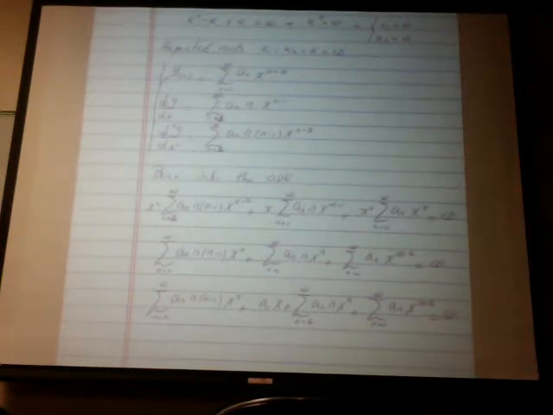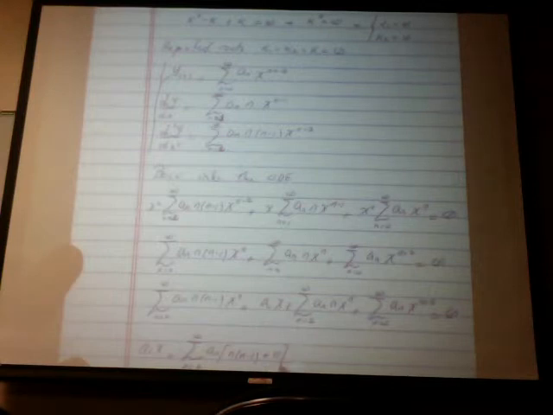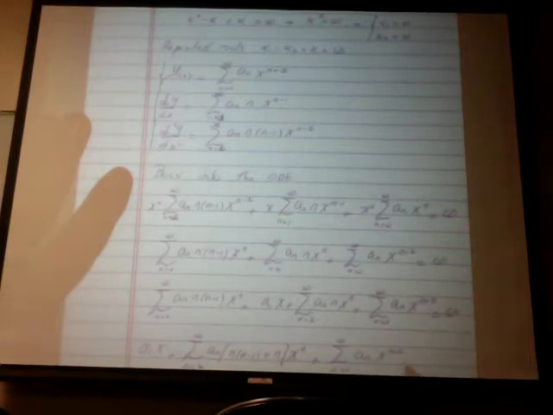Alright? Then I'm going to take these terms right here. I'm going to combine these with these. These two series I'm going to combine. So I'm going to end up with a1 x plus the summation from n equal 2 to infinity of an times n minus 1 plus n, x to the n plus the summation from n equals 0 to infinity an x to the n plus 2 is equal to 0.